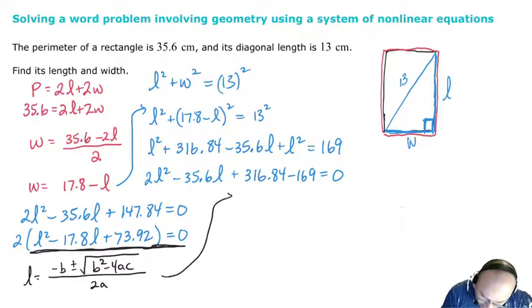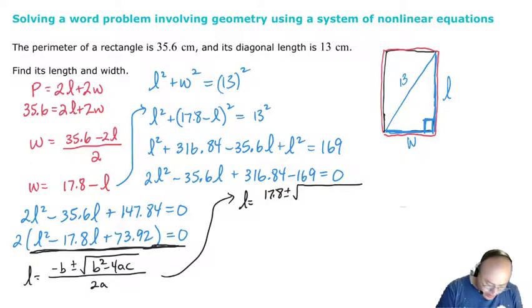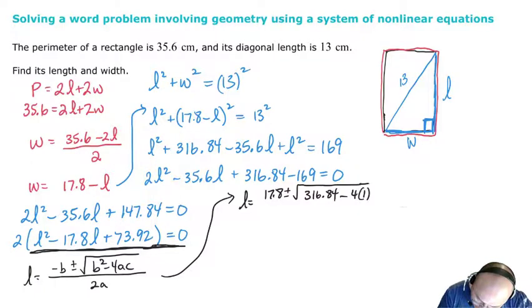Let's substitute. L is equal to the opposite of b, so 17.8, plus or minus the square root of b squared, which is 316.84, minus 4 times 1 times c, which is 73.92, all divided by 2 times a, which is 2 times 1.